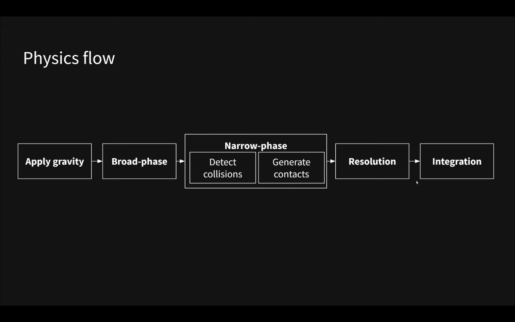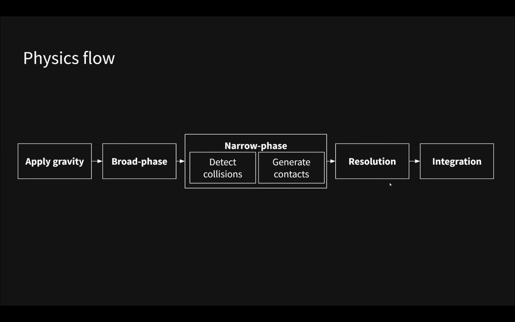I do this for the reason that when you're interfacing with the physics engine, and say you're applying a force to some object, it's also going to happen before everything else. So why not apply gravity along with those forces right at the beginning?